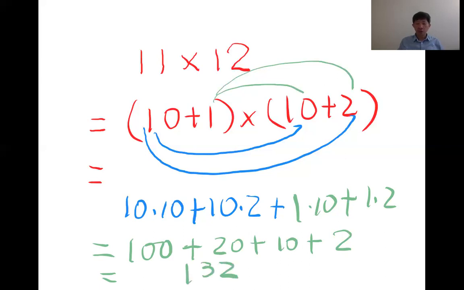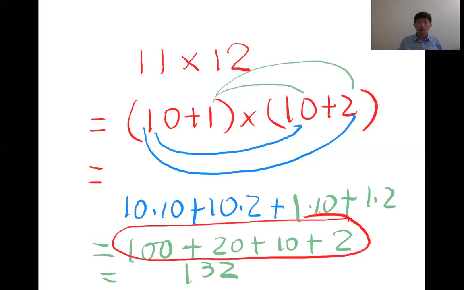We call these partial products. We add the partial products to find the total. So that is the distributive property for this.